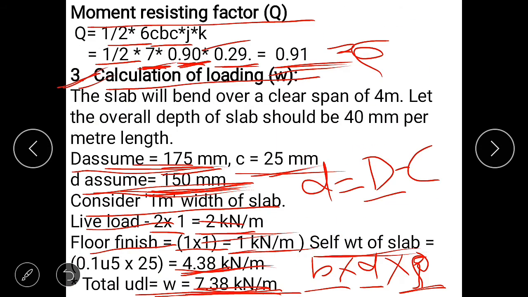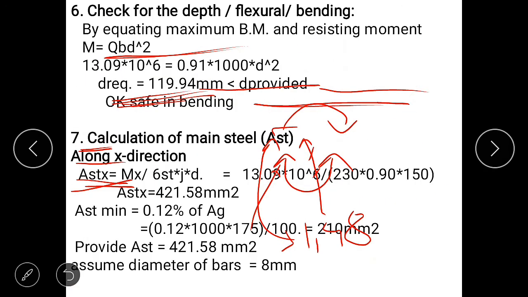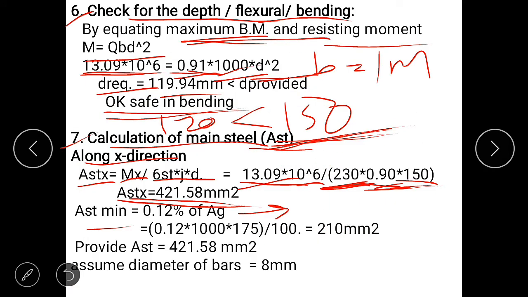Here they provide us grade is Fe415. For Fe415, the formula for AST minimum is 0.12% of Ag, and if Fe250 is given, the formula is 0.15% of Ag.